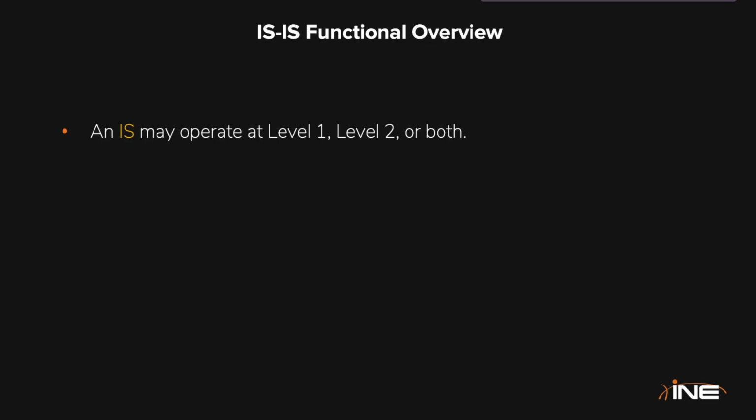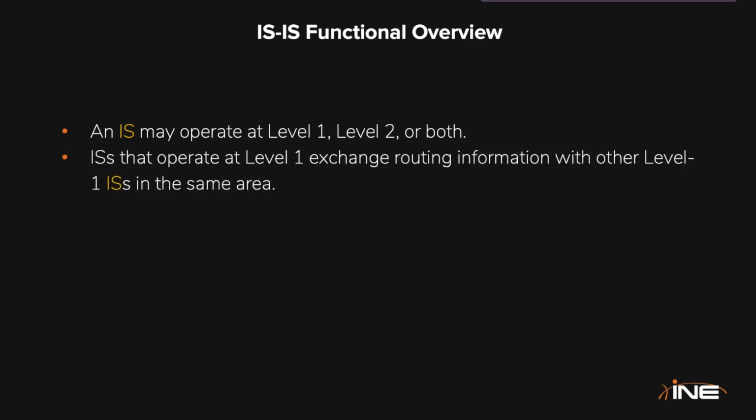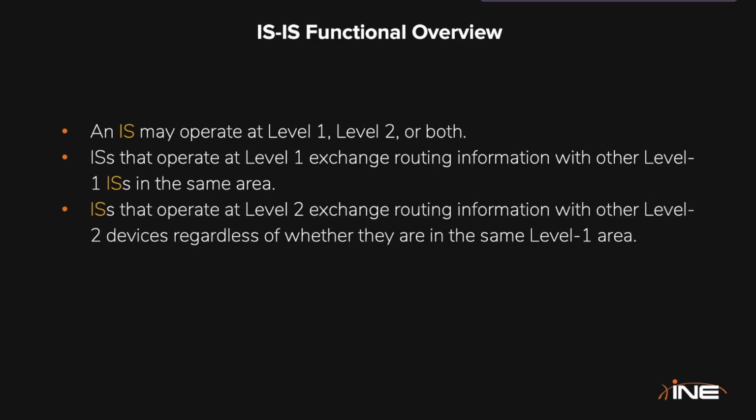Now, a router, which is an IS, may operate at level 1, level 2, or both. Like I said before, they could be a level 1 router, or a level 2 router, or a level 1-2 router. Routers that operate at level 1 exchange information with each other at level 1 only within the same area. Routers that operate at level 2 exchange routing information with other level 2 devices regardless of whether they are in the same area or different areas.